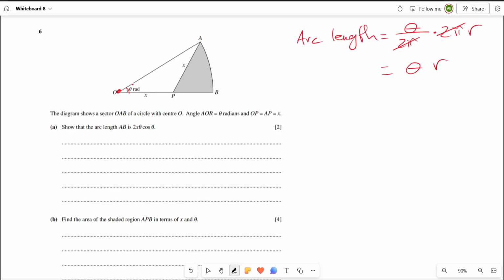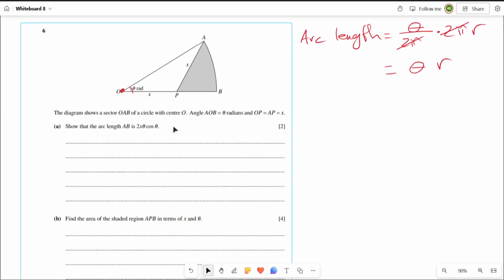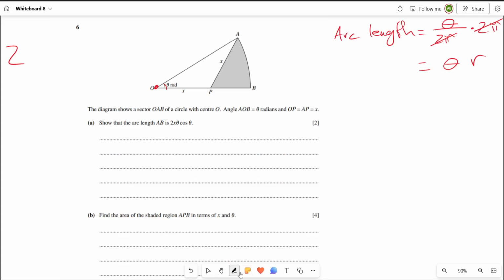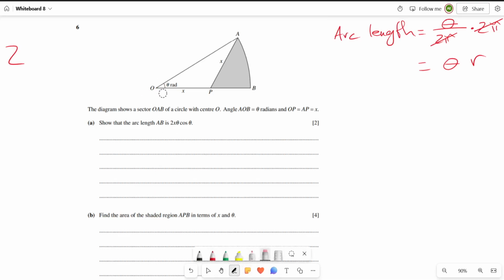Theta is already given, so we don't need to do anything over here. However, we need to find the radius in order to solve for the arc length. So the radius is basically OA, apologies, or OB. These are the radius of the sector.